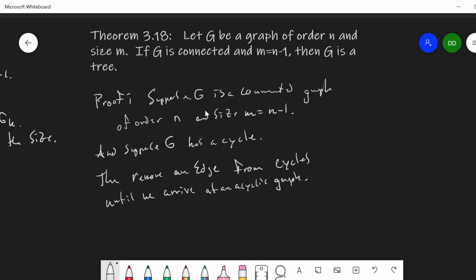At any rate, what have we done here? So we had a graph that had a cycle. It had m equals n minus 1. We removed at least one edge from the graph in order to make it acyclic, and so m is strictly less than n minus 1. So we arrive at an acyclic graph G prime of size m prime, which is strictly less than n minus 1.